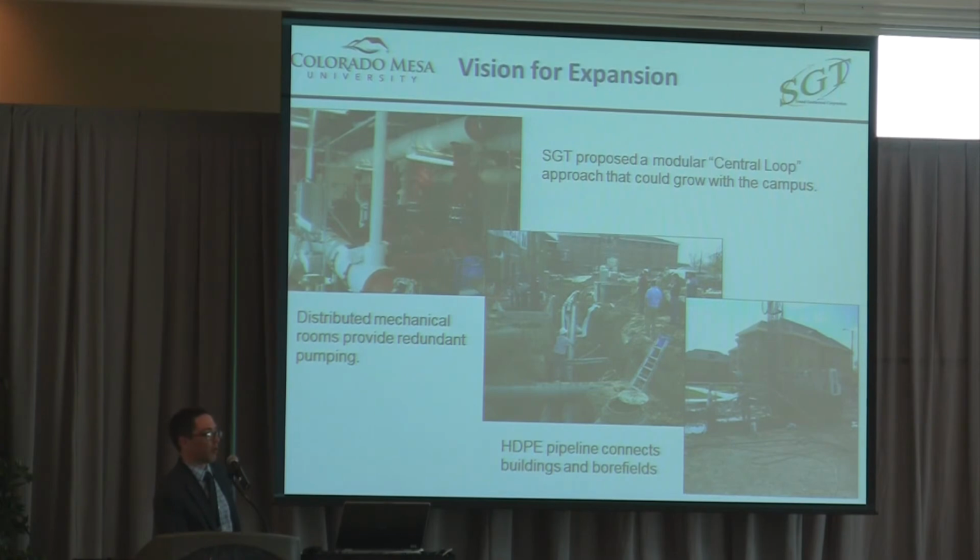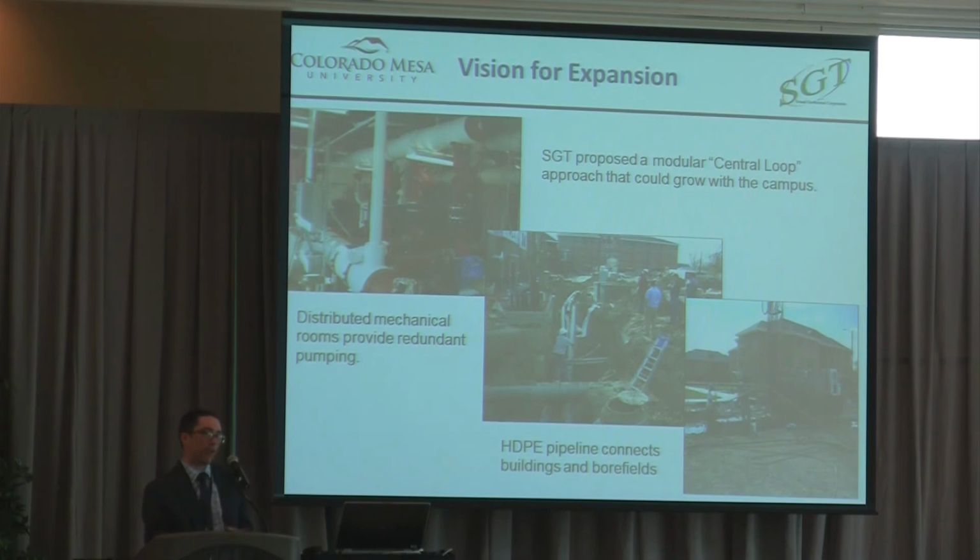Essentially, our vision was for a modular approach, so the system could grow with the institution and function at each stage of completion completely independently. So rather than having a typical central plant where you've got one large mechanical plant that serves the entire campus, we have distributed mechanical rooms.